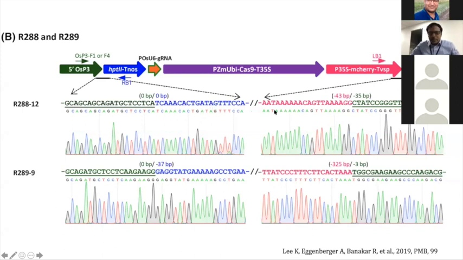So what you see here, for example, in one of these, we have 43 base pair of the construct deleted and 35 base pair of the genomic locus deleted. Then in the second example, we have a big chunk of 325 base pair of the construct deleted and 3 base pair of the genomic site deleted.